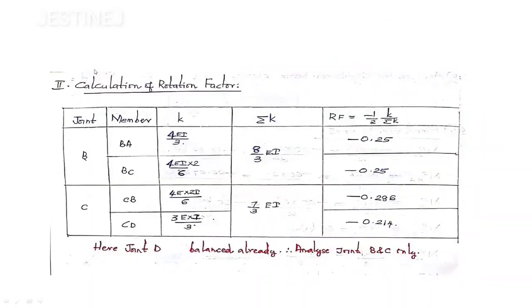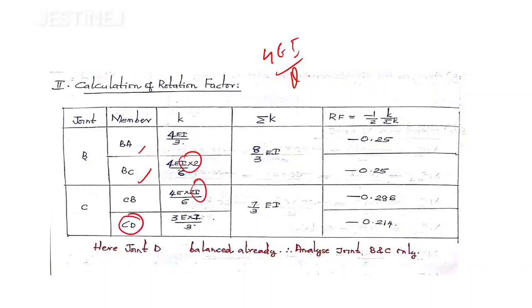Then coming to the next procedure, calculating the rotation factor. If you take joint B, the far end is fixed for both BA and BC, so you can use the general equation E I by L. In the case of BC, the moment of inertia value is 2I, so you can take 2I in both cases.